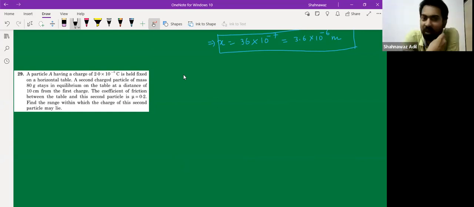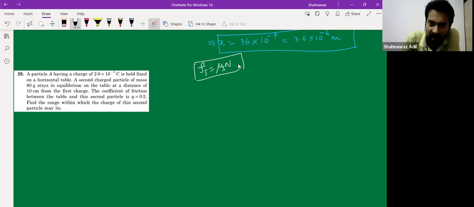This Coulombic force is then associated with some friction term, and you already know that the static friction is mu n, mu s n. So we will use this relation in this question. Let us understand the question first.